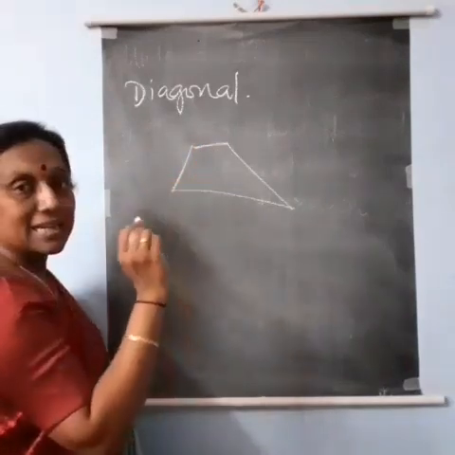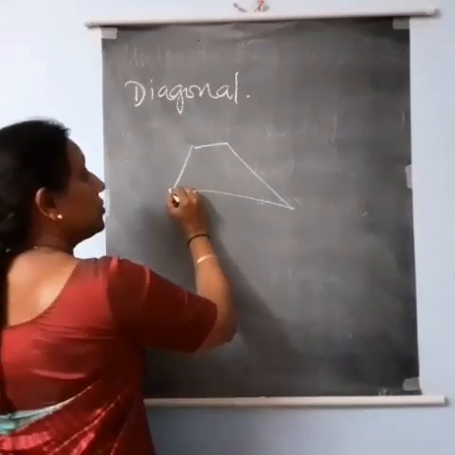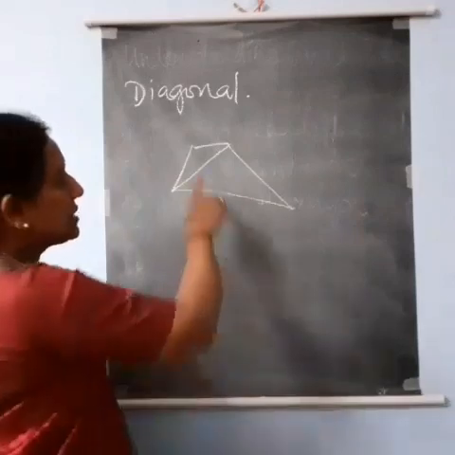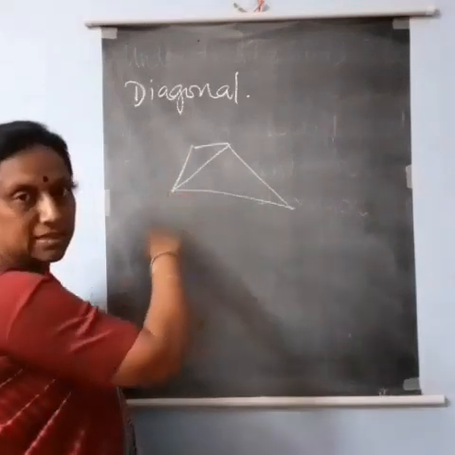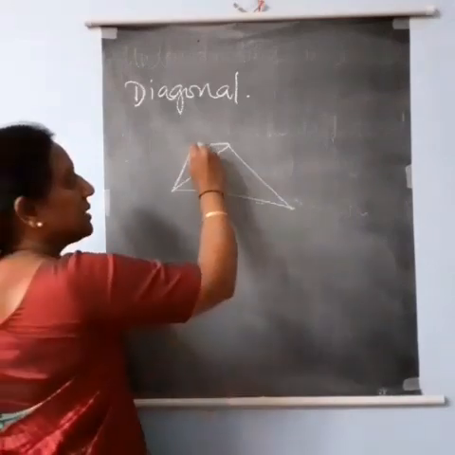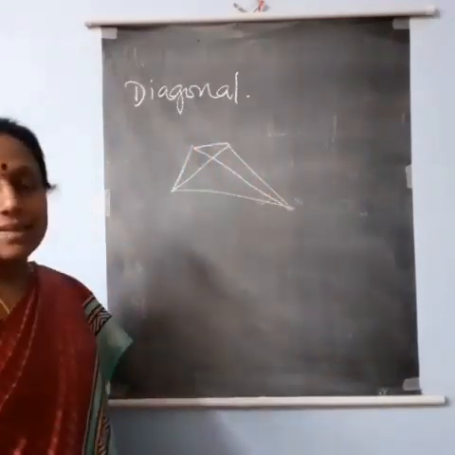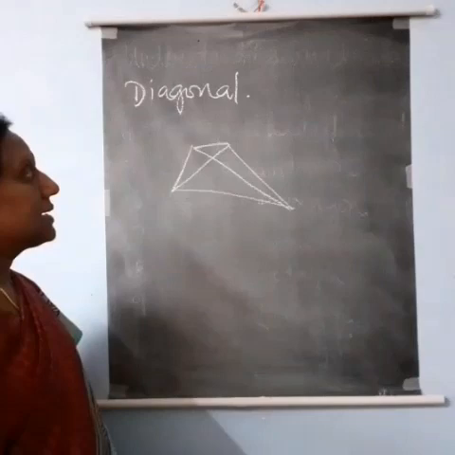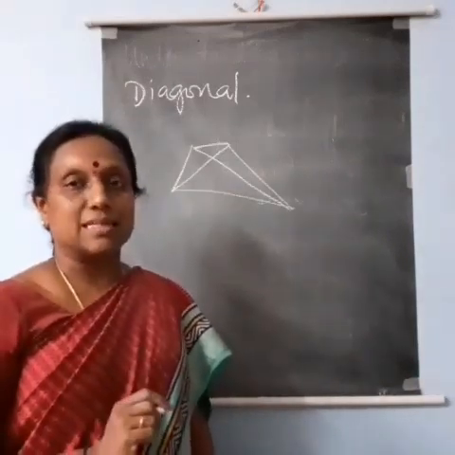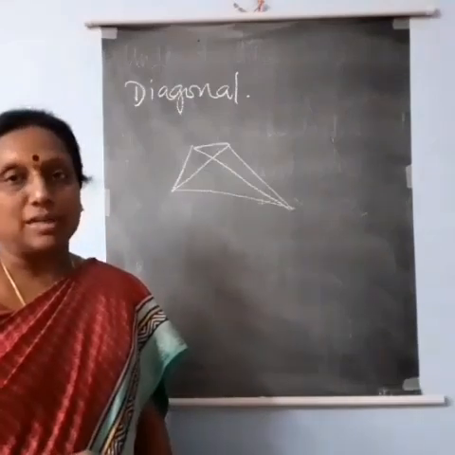So a diagonal is a line which joins two non-consecutive vertices. This vertex and this one are consecutive, so we will not use that. This will be a diagonal. Similarly, this will be a diagonal. Correct? So a diagonal is a line joining two non-consecutive vertices of a polygon.